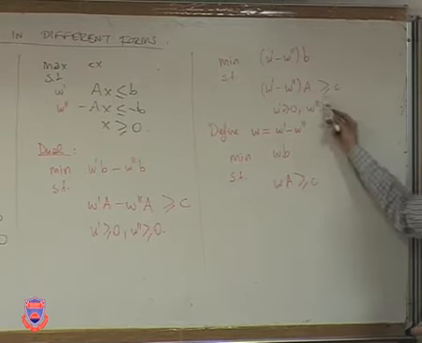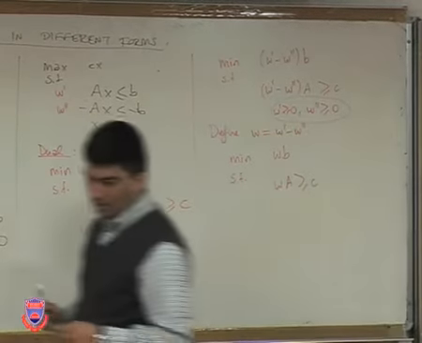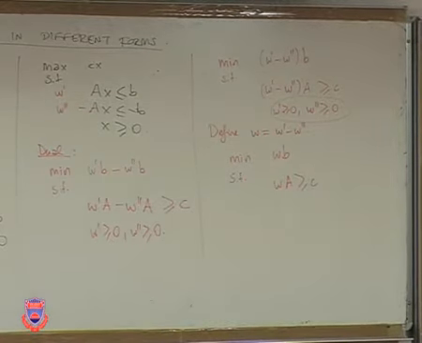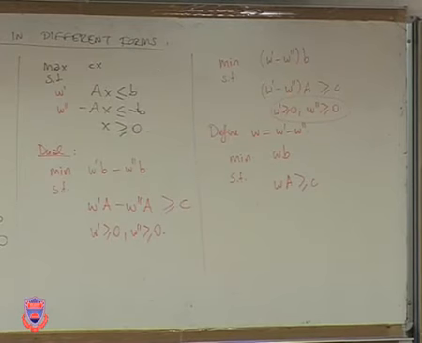Now, what about these conditions here? Well, this is where you should be careful. Remember, W is the difference of two non-negative variables, right? Okay? And if you recall, we said that whenever we have a free variable, we can always express it in terms of the difference of two non-negative variables. So here we're just doing it the other way around. Okay?